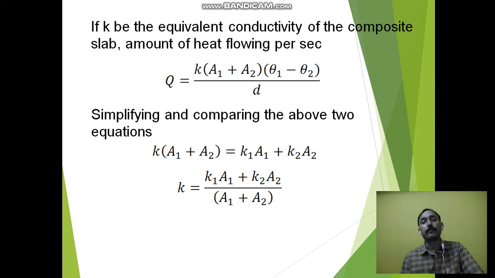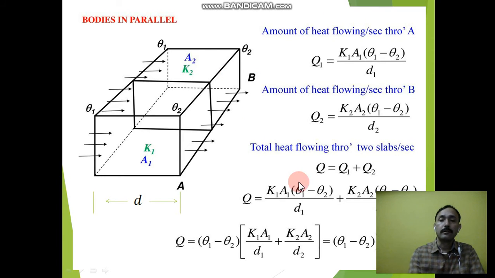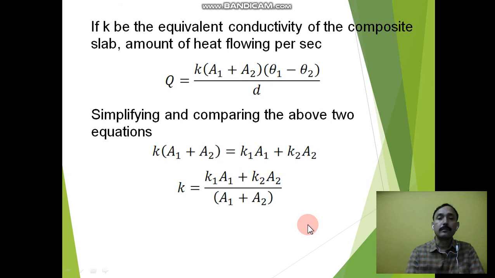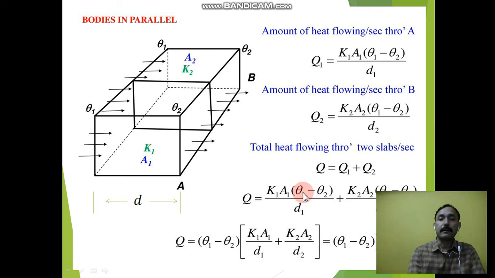Simplifying and comparing this equation with the previous equation, we can write, because we are considering these two widths equal, D1 is d and D2 is also d. So K1 A1 (theta 1 minus theta 2) by d plus K2 A2 (theta 1 minus theta 2) by d.